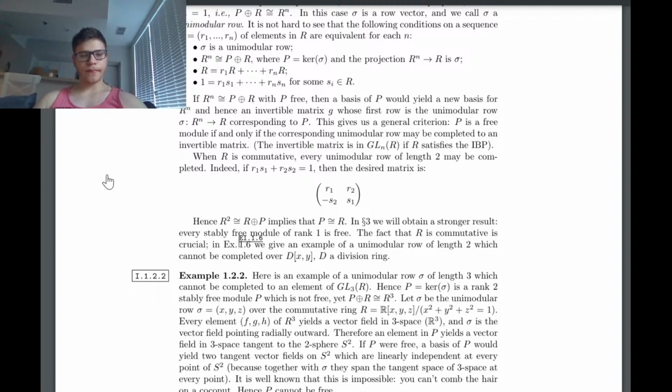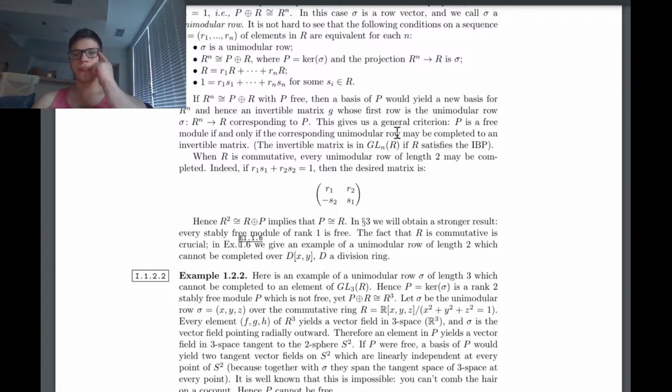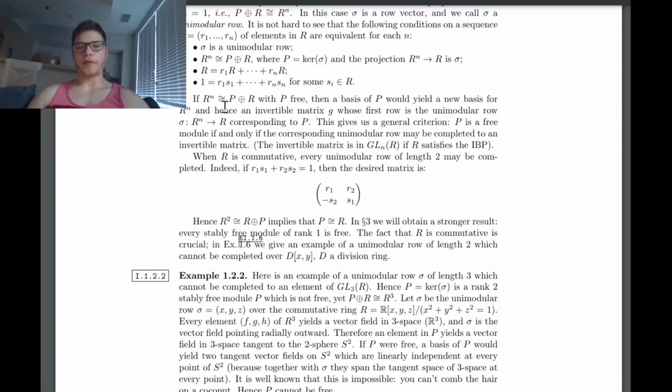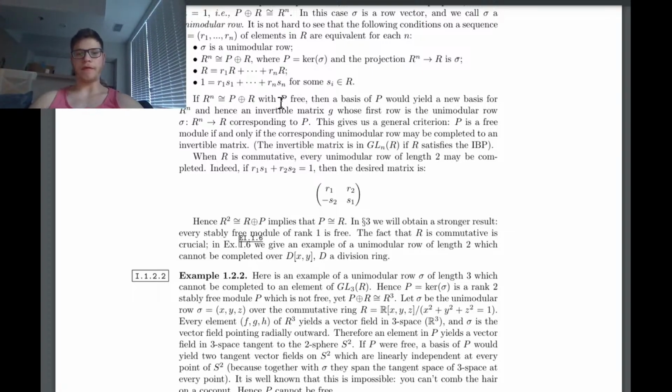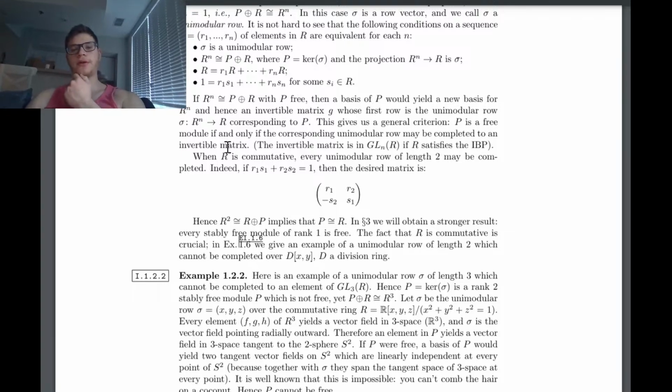Now, if R^n is isomorphic to P direct sum R with P free, then a basis of P would yield a new basis for R^n, and hence an invertible matrix whose first row is the unimodular row corresponding to P. This gives us a general criterion: P is a free module if and only if the corresponding unimodular row may be completed to an invertible matrix.